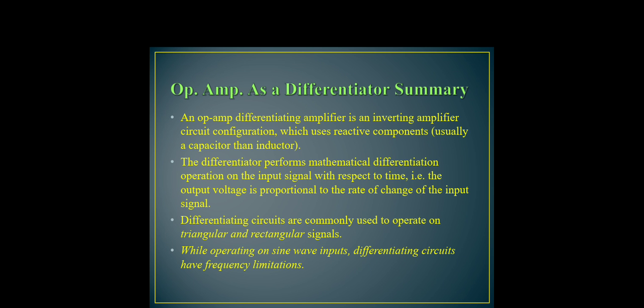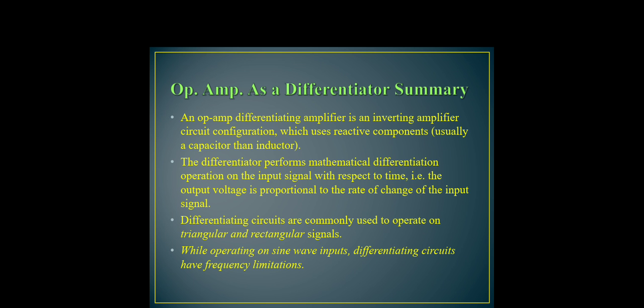Let's overlook the summary of op-amp as a differentiator. An op-amp differentiating amplifier is an inverting amplifier circuit configuration which uses reactive components, usually a capacitor rather than an inductor. The differentiator performs the mathematical differentiation operation on the input signal with respect to time.